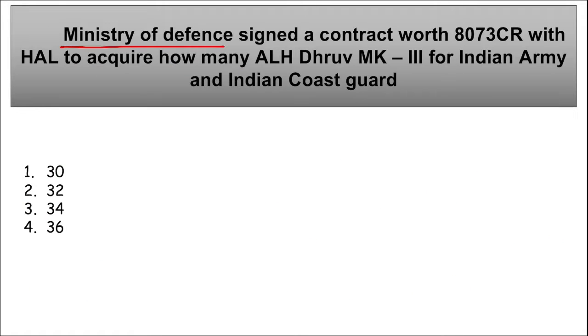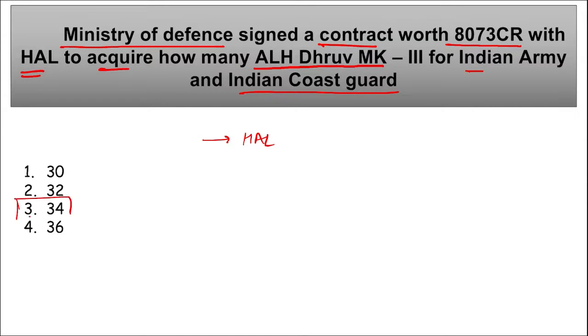Next, Ministry of Defence signed a contract worth 8,073 crore rupees with Hindustan Aeronautics Limited, and it is to acquire how many advanced light helicopter Dhruv Mark 3 for Indian Army and Indian Coast Guard. So how many advanced light helicopters Dhruv Mark 3 will be acquired?